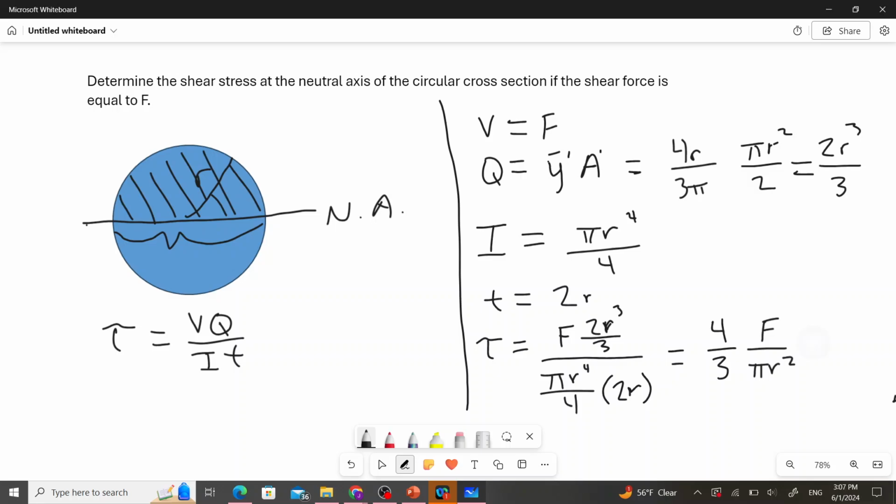Okay? So this is going to be the max shear stress in a beam with a circular cross section.